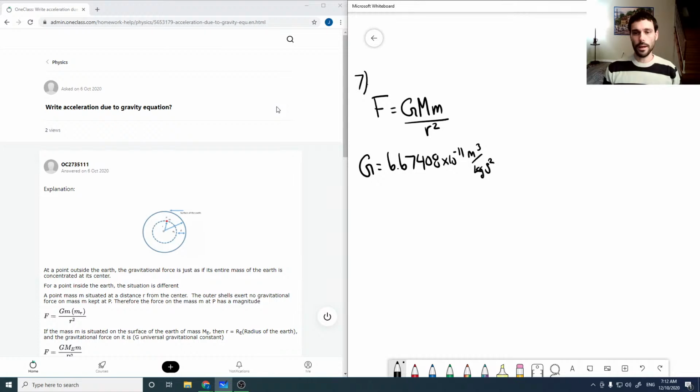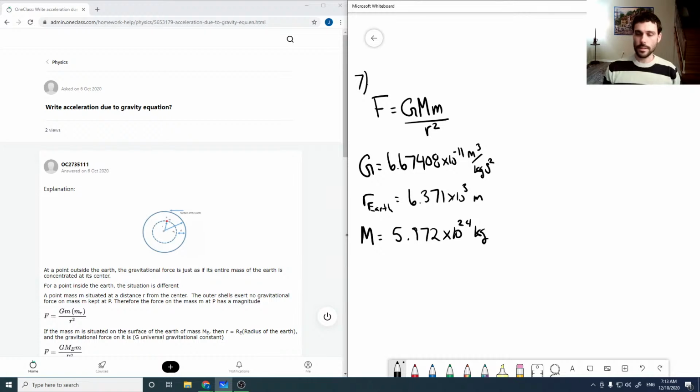Now, if we're going to apply this to the surface of the Earth, then we would use the radius of the Earth, which is 6.371 times 10 to the 6 meters. And our big M would be the mass of the Earth, which is 5.972 times 10 to the 24 kilograms.